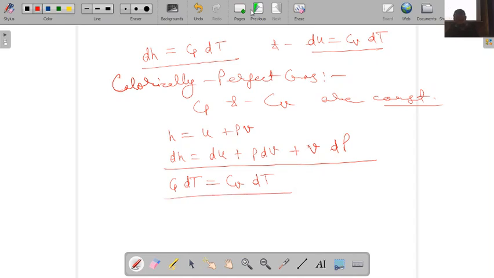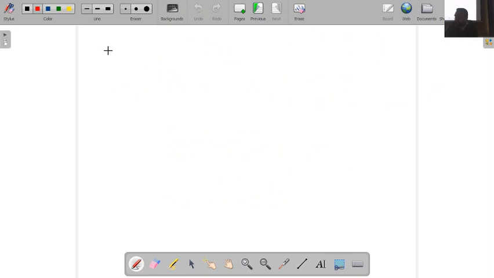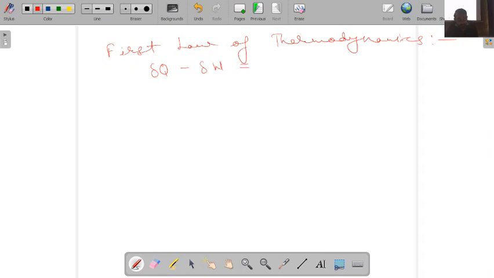So what I will do, first I will take the first law of thermodynamics. Okay, so let me derive property relations from the first law of thermodynamics. So first law of thermodynamics for a closed system is nothing but del Q minus del W is equal to dU.